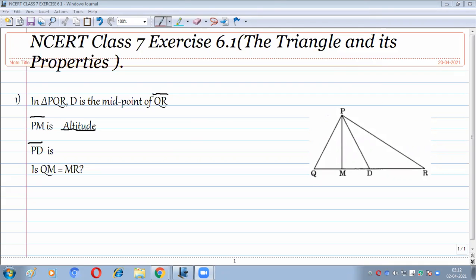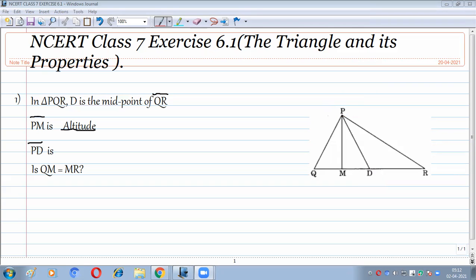Here is P and here it is D, and at the top of the question it has told that D is the midpoint of line QR.